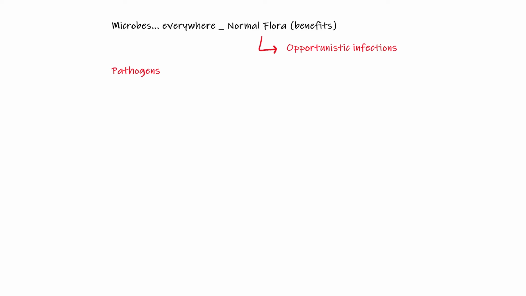How do microbes cause disease? We call the microbes which cause disease pathogens, and we will look at some features of a pathogen, like their mechanism of action, infectivity, pathogenicity, virulence, immunogenicity, and toxigenicity. I will explain these individual terms in the coming slides.